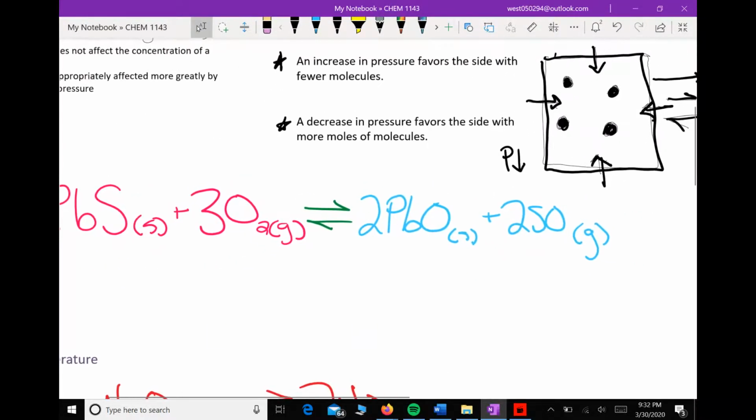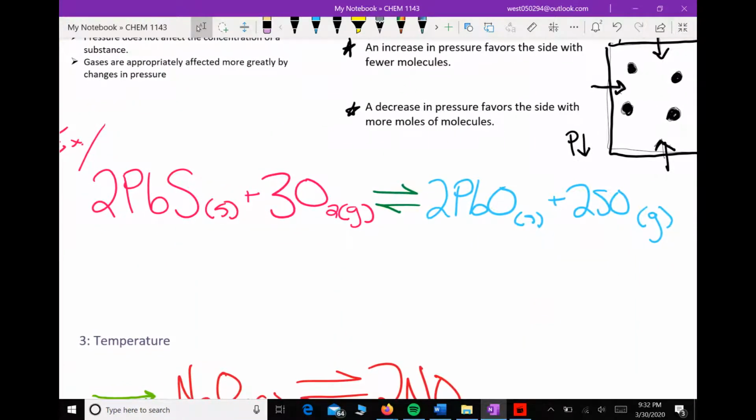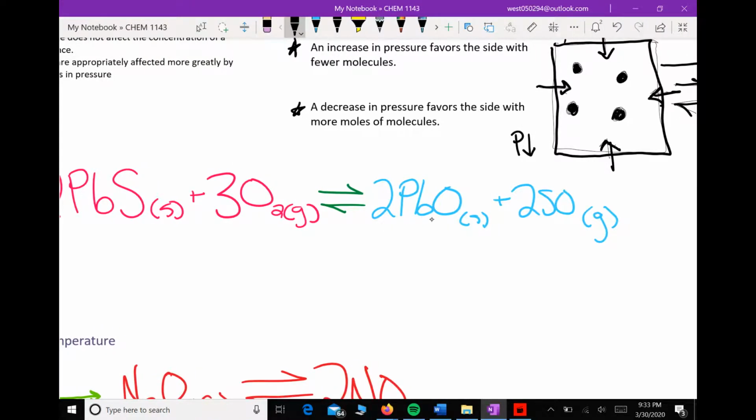Here I have an example: 2 PbS plus 3 O2 yields 2 PbO, which is a solid, plus 2 SO2.